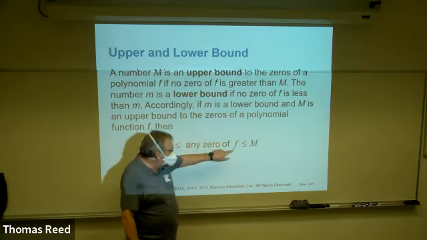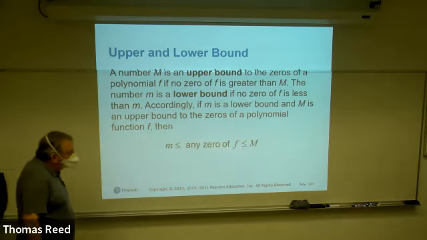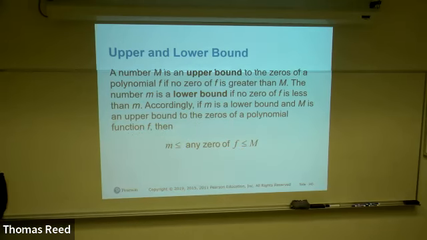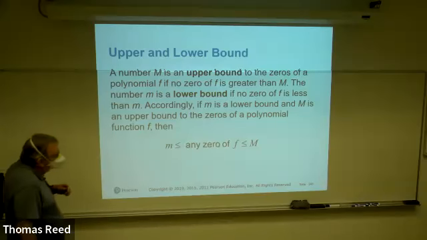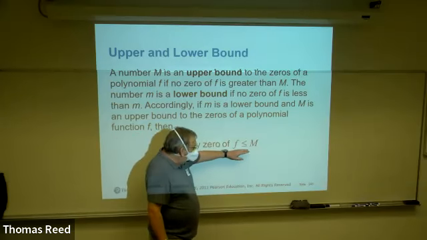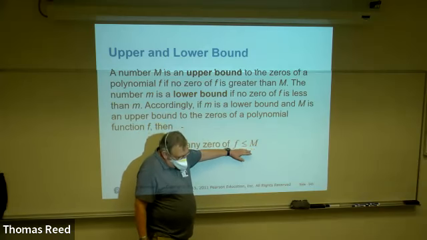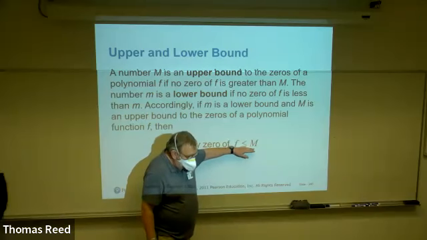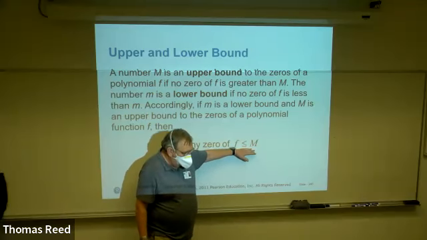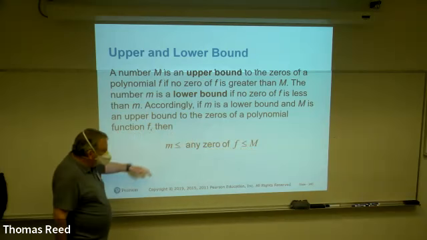Please notice they include the equal sign, because the process in which we find these zeros sometimes finds a zero, and sometimes finds a number that's greater than the maximum zero. And same thing with the lowest.